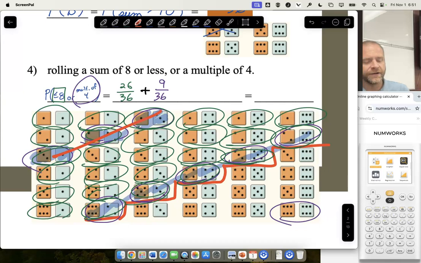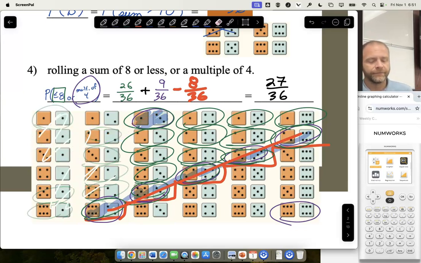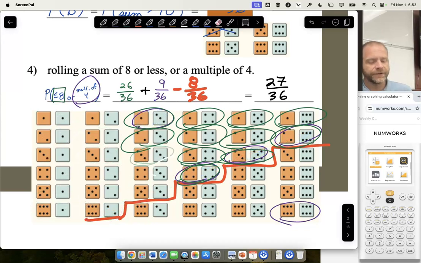And so I said we counted 3, I got 5, I counted 8 of them twice. So I have to subtract the 8 out of 36, which is going to leave me with 27 out of 36, which should make sense. Because in the original, less than 8, we'll get rid of all these lines that we have, I barricaded it off with that first red boundary.